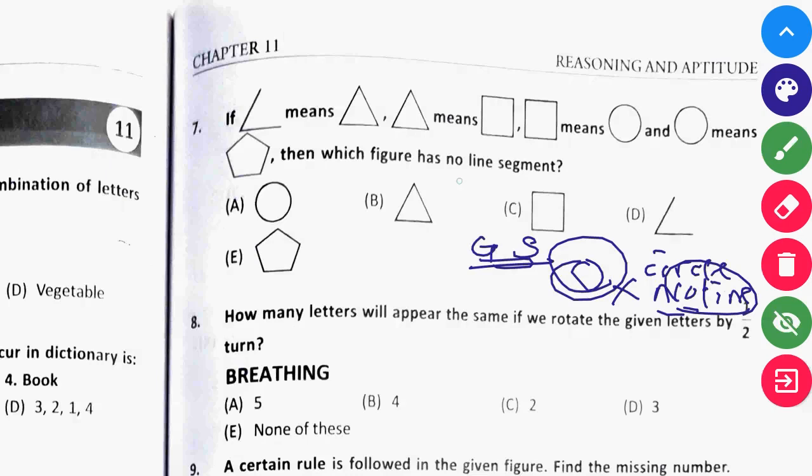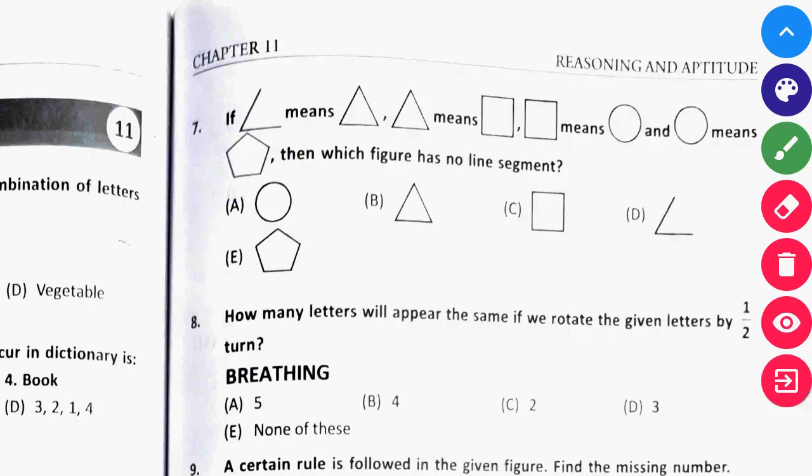But in the code language, what is meant by circle? Circle means pentagon. Okay, so your answer is pentagon, which has no line segment. Understood? Okay, we'll go ahead.